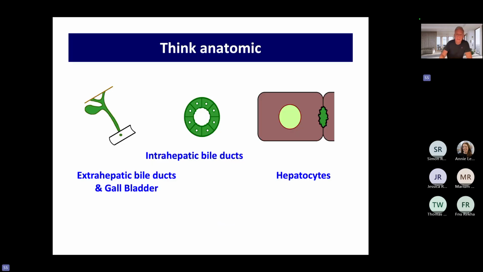So when we think about cholestasis, we have to think about where in the whole spectrum of bile acid synthesis, conjugation, and excretion the problem resides. Is it hepatocellular? Is it a problem of the intrahepatic bile ducts? Or is it a problem of the extrahepatic bile ducts and the gallbladder? Well, of course, when we're talking about biliary atresia, the problem is extrahepatic.